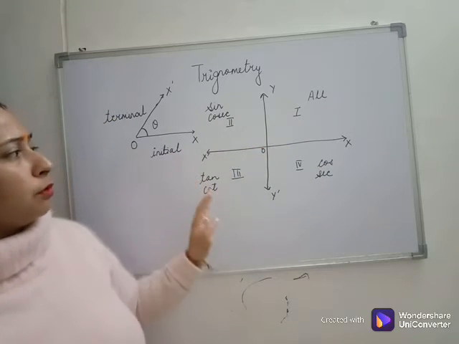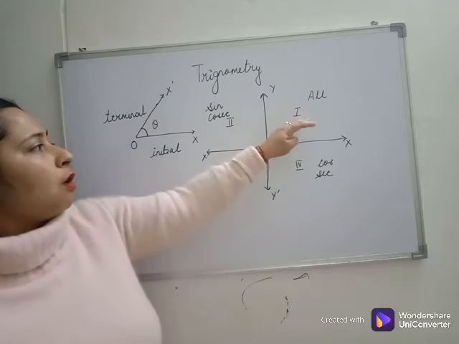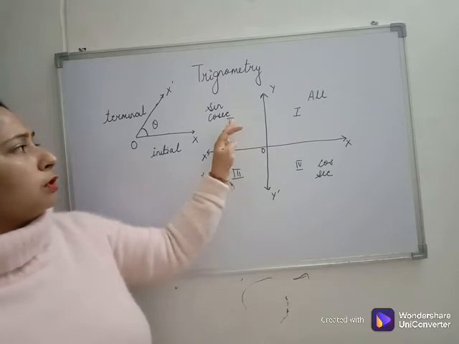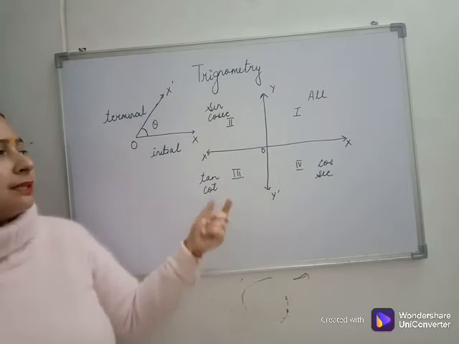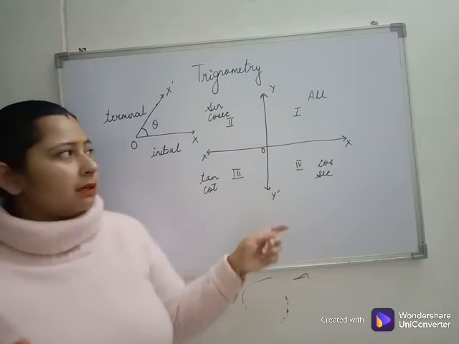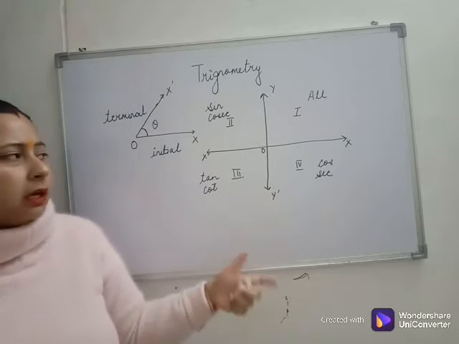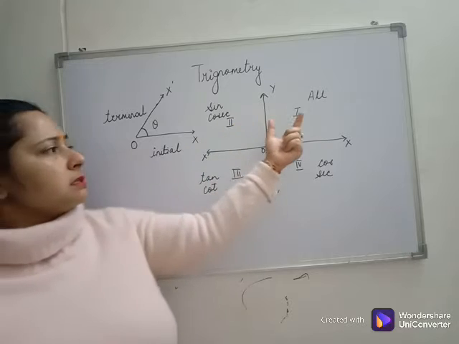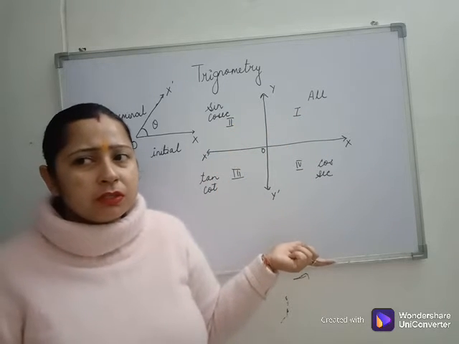So here are your 4 quadrants, and the easiest way to learn them is "All School to College," as I learned in my school days. It was the easiest trick for me, because it is very difficult to remember where the third and fourth quadrants are. It is simple to say all school to college, because we go from school to college, isn't it?